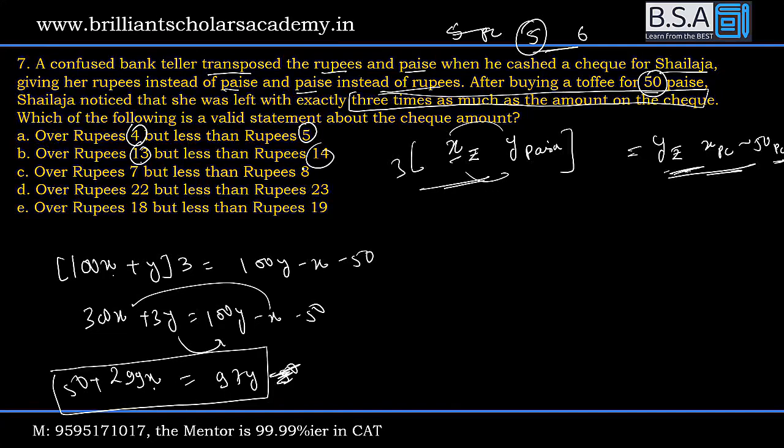Between 13 and 14 rupees you have, then you replace x is equal to 13 and check what value comes. Replace x is equal to 7, 22, 18. Whichever value fits is your answer. Try putting in x is equal to 4.